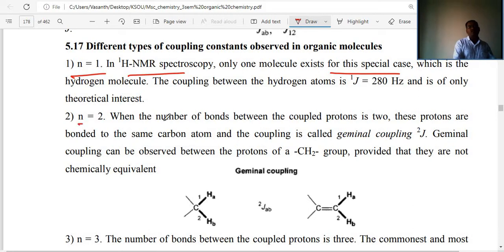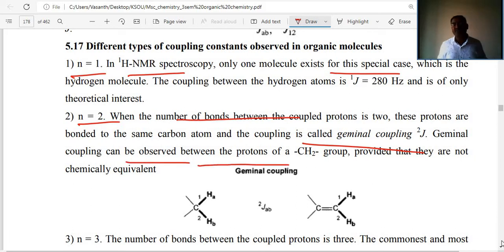When n is equal to 2, the number of bonds between the coupled protons is 2. These protons are bonded to the same carbon atom, and the coupling is called geminal coupling. Geminal coupling can be observed between the protons of a CH2 group, provided that they are not chemically equivalent.